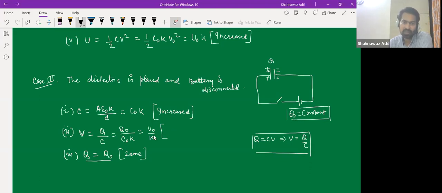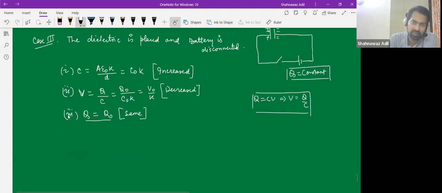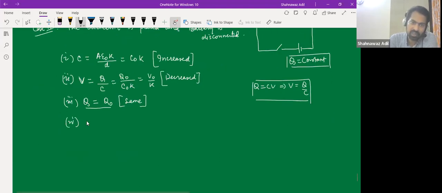This is in the denominator, so it is decreased, right? Okay, and then we have the fourth one, which is the electric field. This is V by D, which is V naught by D times K. So this is E naught by K. So this is also decreased.